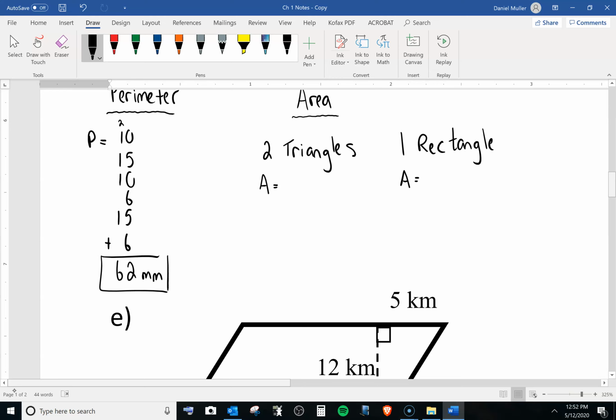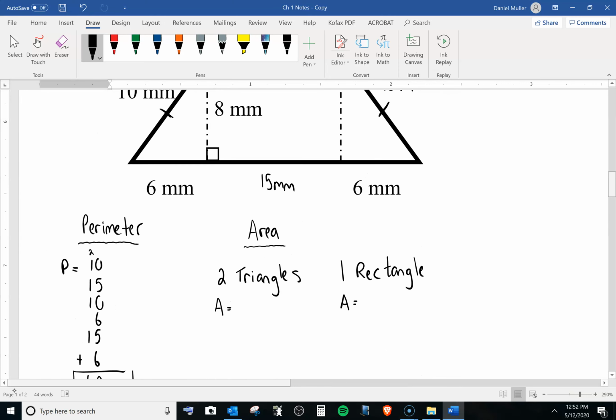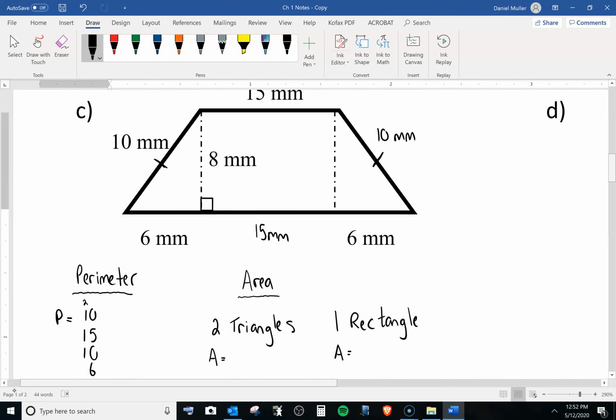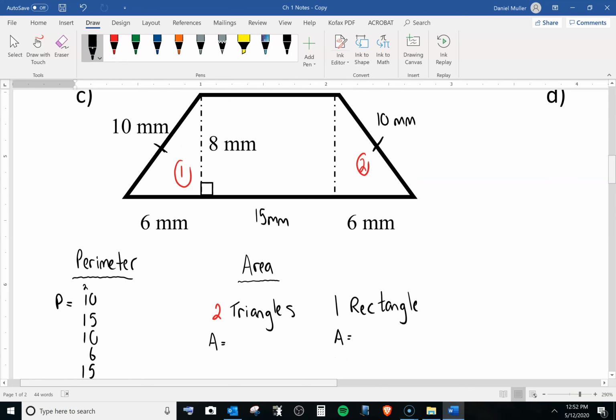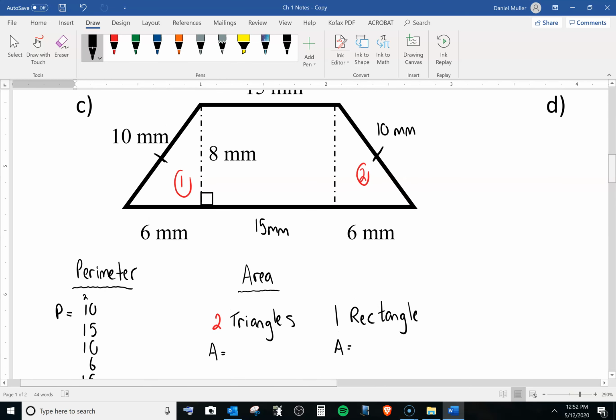For area, now area is going to have to be 2 triangles. So triangle 1 and triangle 2, those are both the same. I will just do one of them first, and then I'll double it. The base of the triangle would be 6, and the height would be 8, so 6 times 8.